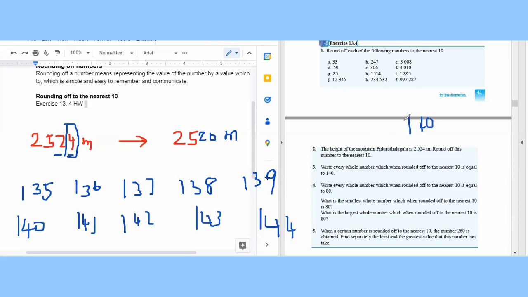Next, write every whole number which when rounded off to the nearest 10 is equal to 80. So it is similar to the previous question. So now it says to find the numbers that would give you 80 when you round them to the nearest 10.